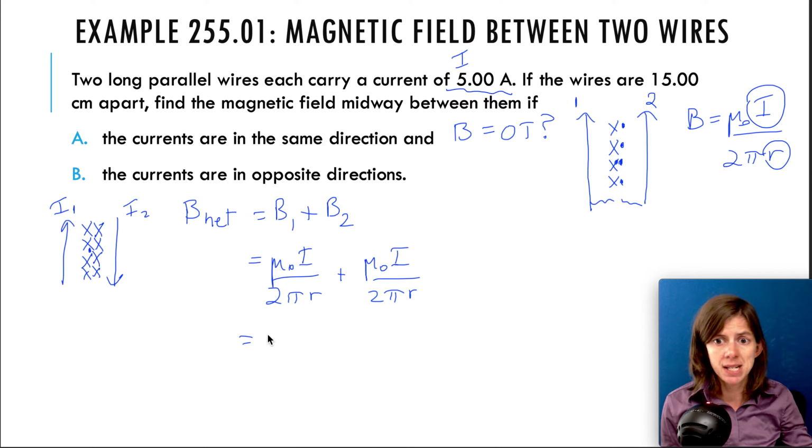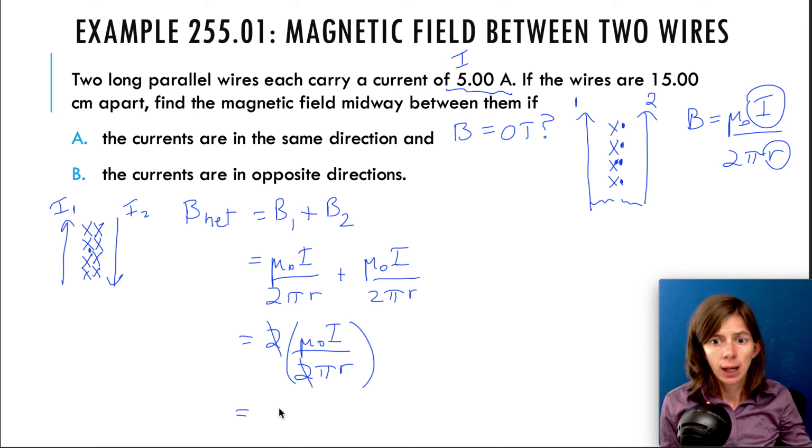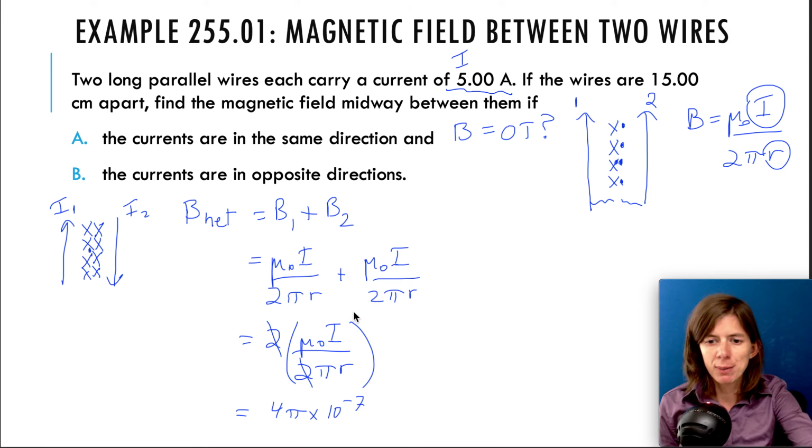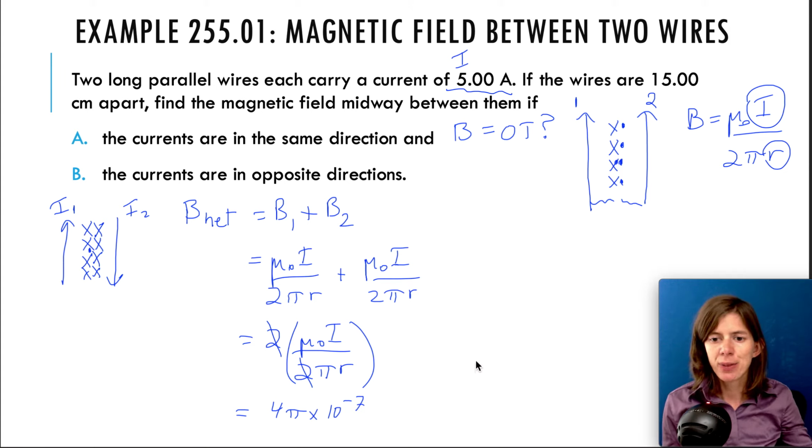So we can rewrite this as just 2 times mu I over 2 pi r. And then we can plug in the values, where the 2's will cancel out, but we have mu naught, which is 4 pi times 10 to the negative 7. Hopefully I'm remembering that correctly. And then the current is 5 amps. And then we're going to divide it by pi times r.